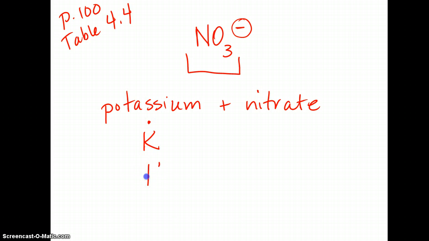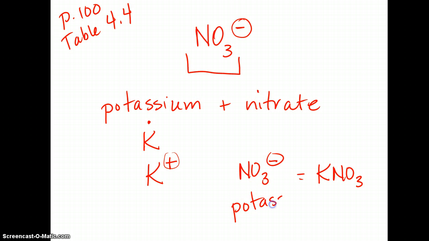In other words, it has a positive charge. And we know that nitrate, NO3, has a negative charge. When they come together, that positive and that negative balance out to have a 0 charge. So you would place them together as a 1-to-1 ratio, and this is called potassium nitrate.